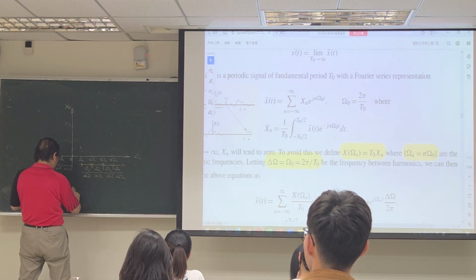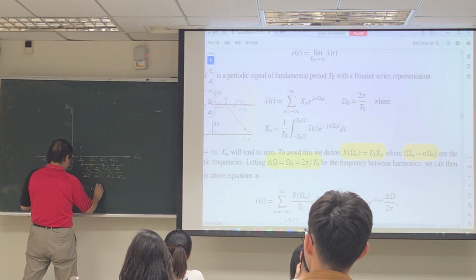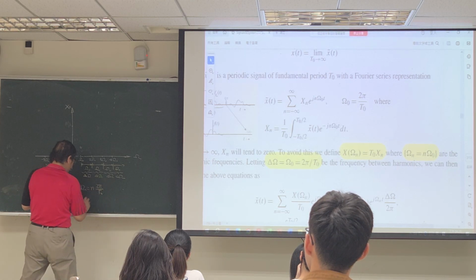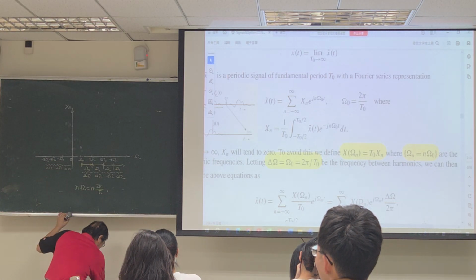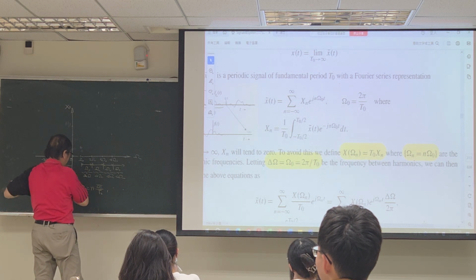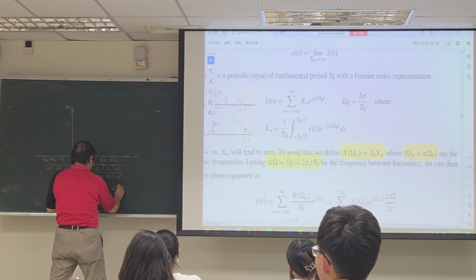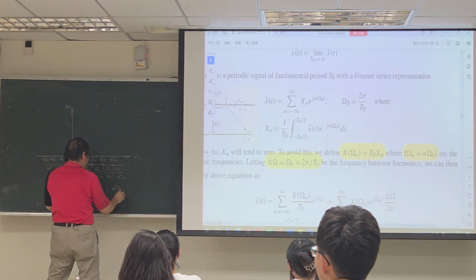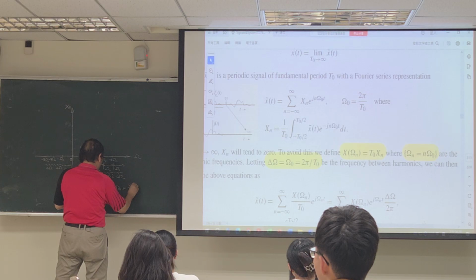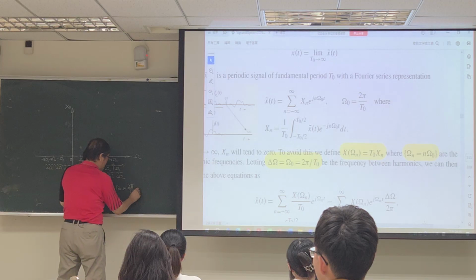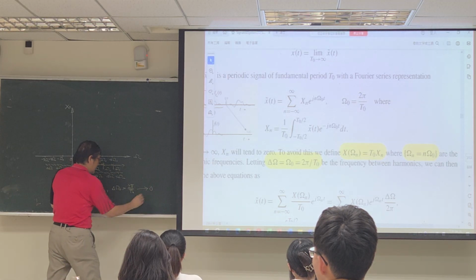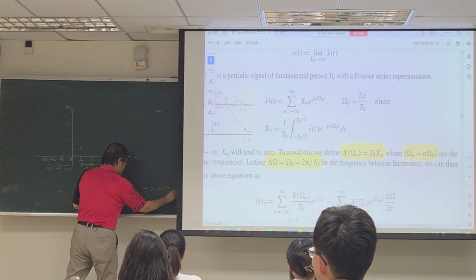Okay, so this and omega n is 2 pi over T sub 0. And we are going to define this distance for the integral, plus the fundamental frequency, and that approaches 0 as T sub 0 approaches infinity.